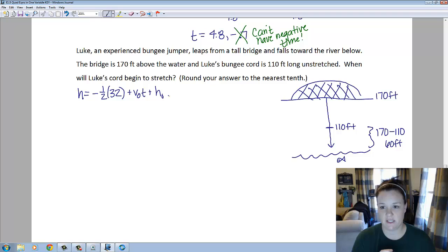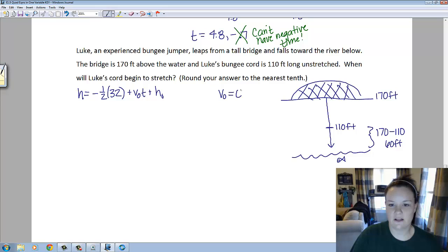So I'm going to go ahead and put over here V naught is equal to 0 because he's just stepping off. Okay, so I know that's 0, so I can plug that in in a minute.